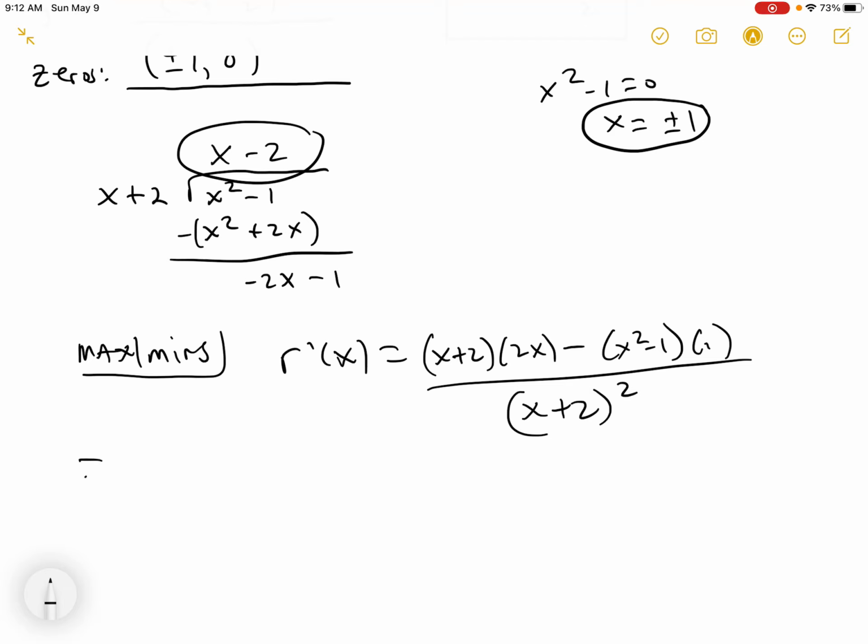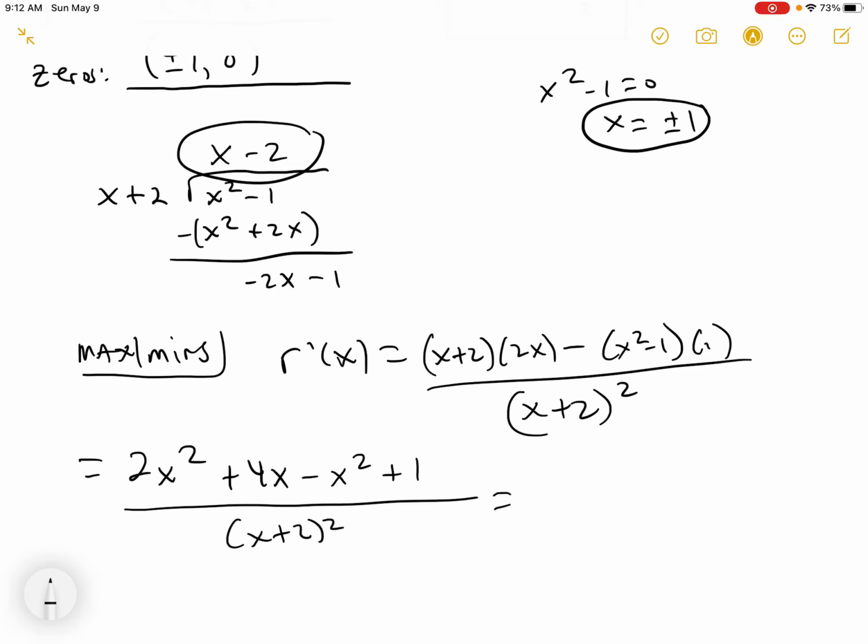Okay, so we have now 2x squared plus 4x minus x squared plus 1 all over x plus 2 squared, and this becomes x squared plus 4x plus 1 over x plus 2 squared.